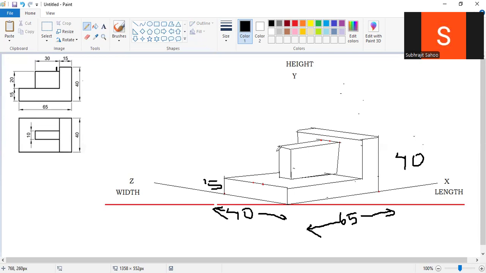Right. Okay. Sir, what is this height? This one is also 15. Right. Sir, what is the height of this one, here to here? It is given as 20 or not? 20. Here you write 20.